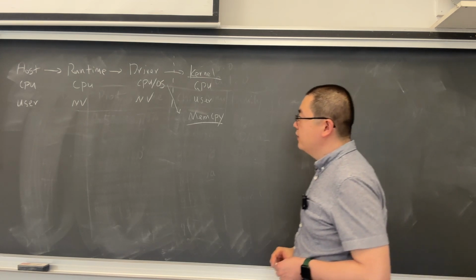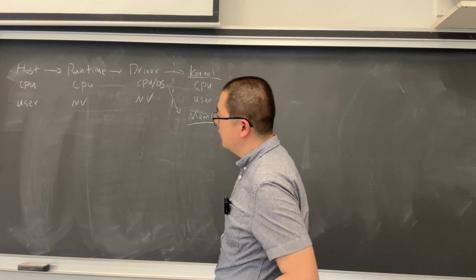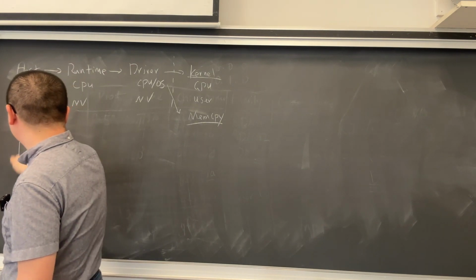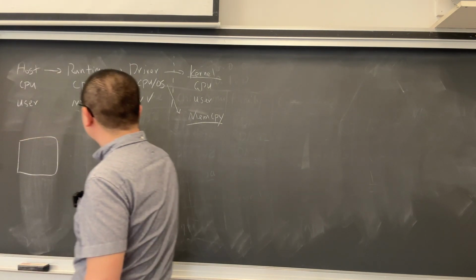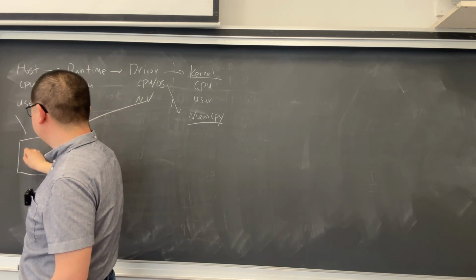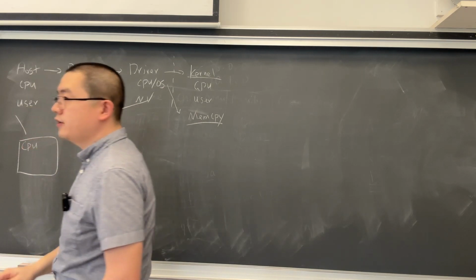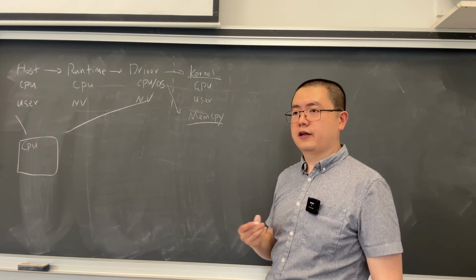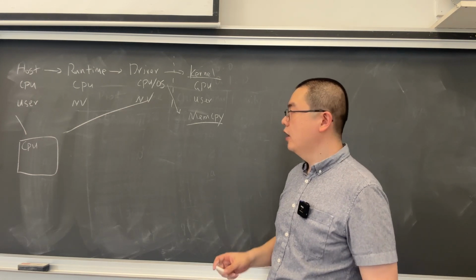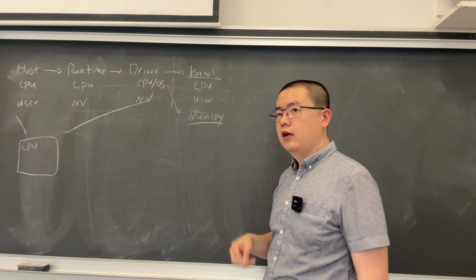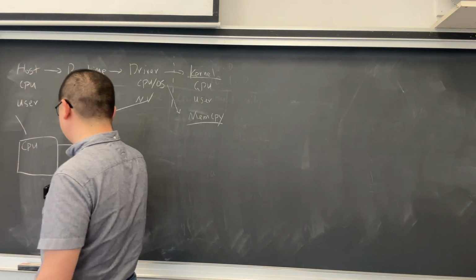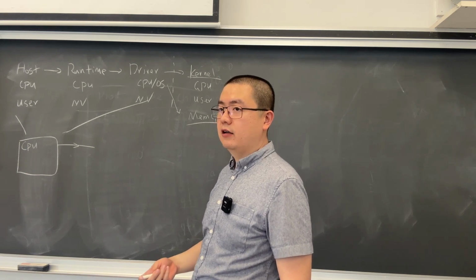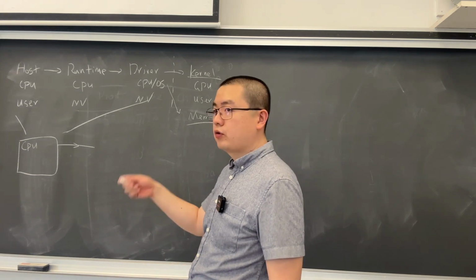Now I'm going to break it down into two pictures, because I think the space is not good enough. No matter what, this code is running on the CPU. Eventually, when we want to do a memory copy or start a kernel, we need to send a command to the GPU side, and the GPU side will run the command.